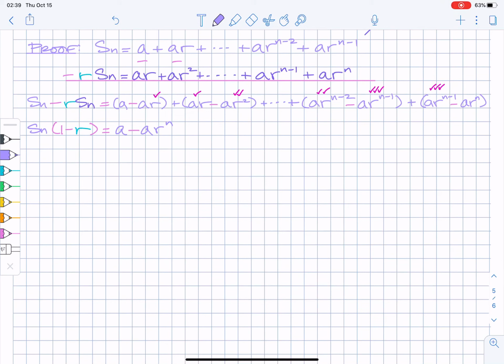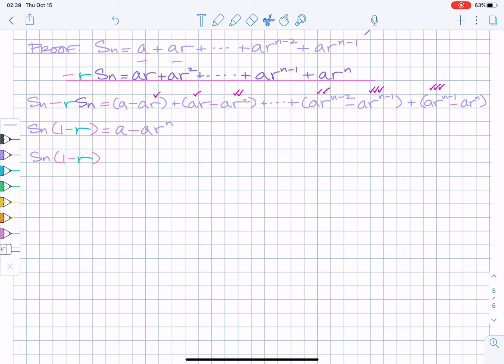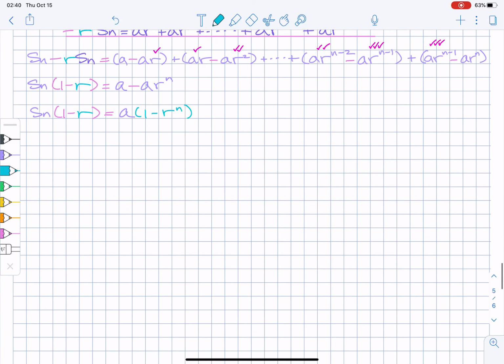So I have that S sub n times the quantity 1 minus r is going to be equal to, let's factor out the a on the right. And when I factor out the a, what's left is 1 minus r to the n. So let's go ahead now and divide both sides by 1 minus r.